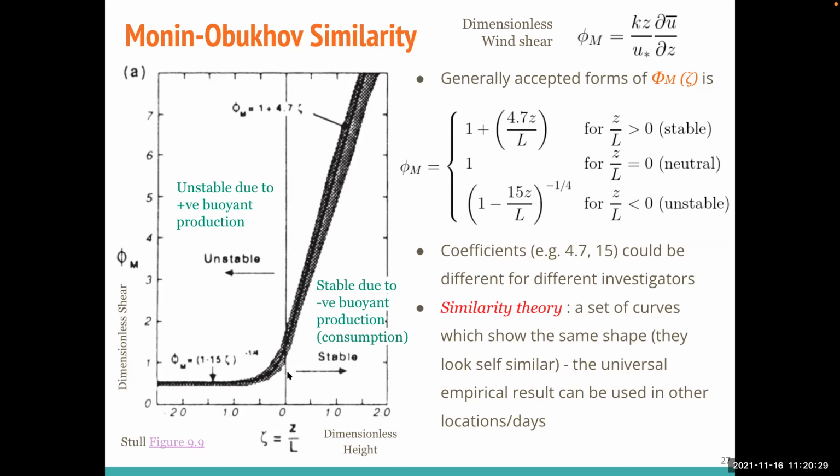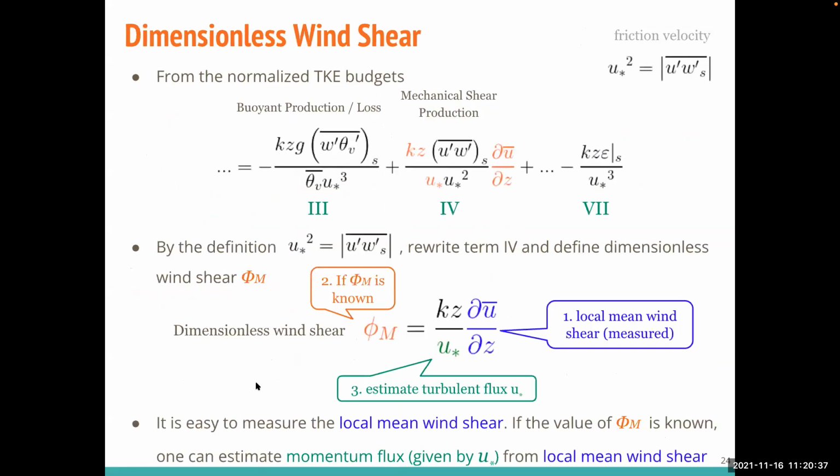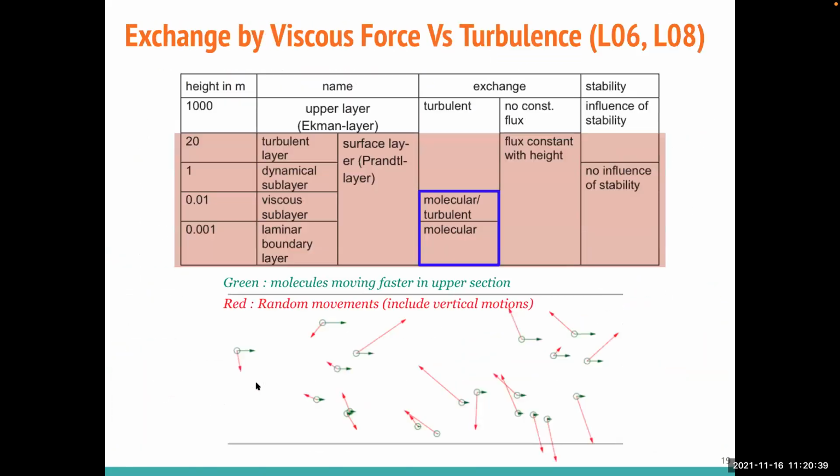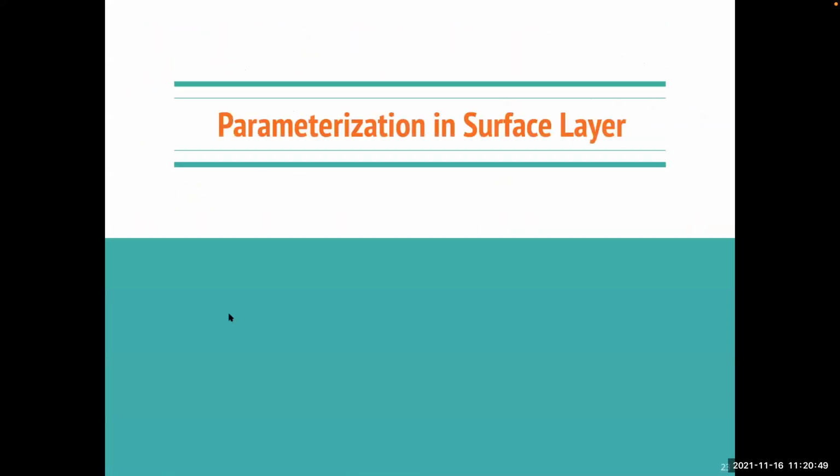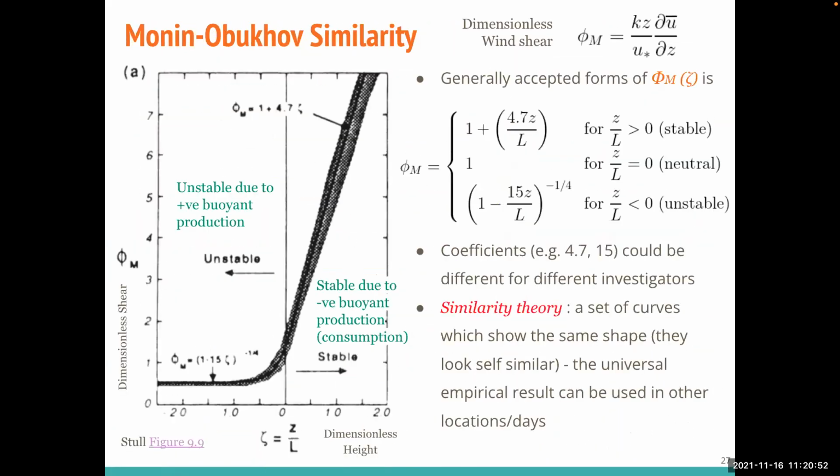So it is a shear dominated layer, and then it is not shear dominated anymore. So this is telling you the same thing as this one: shear dominated closer to the ground and not shear generated above. So this is the meaning of this.